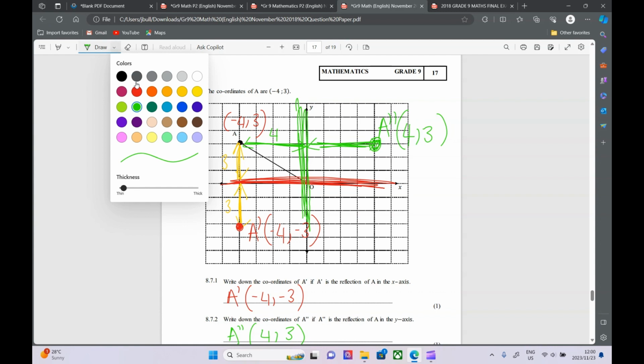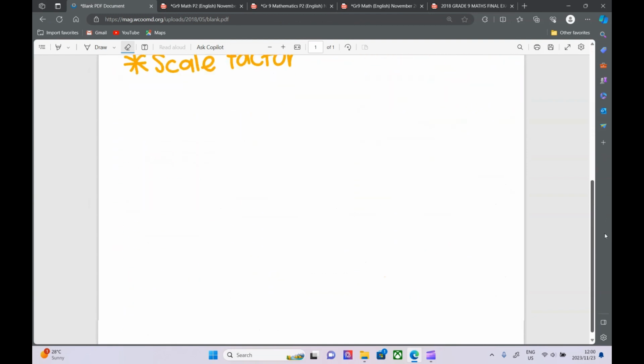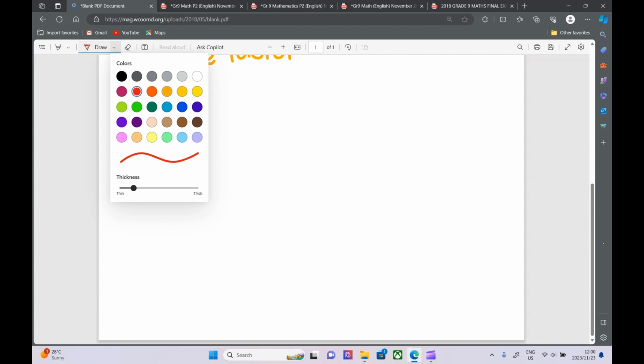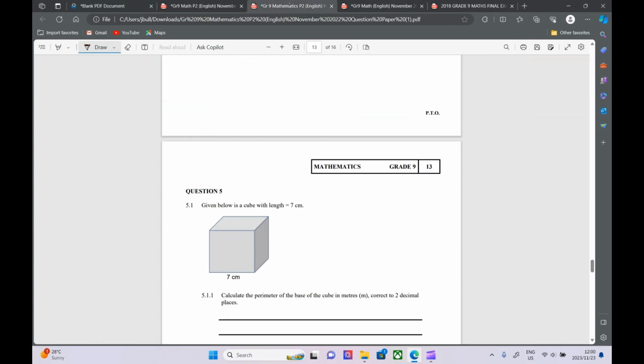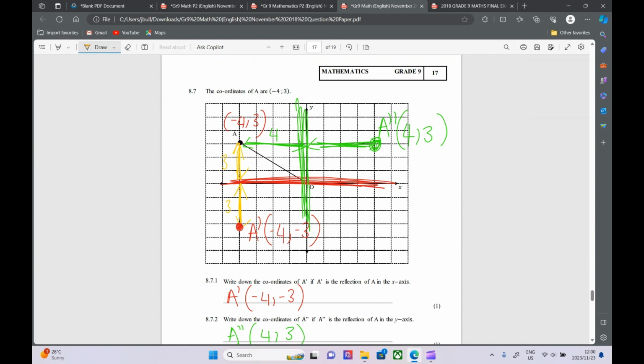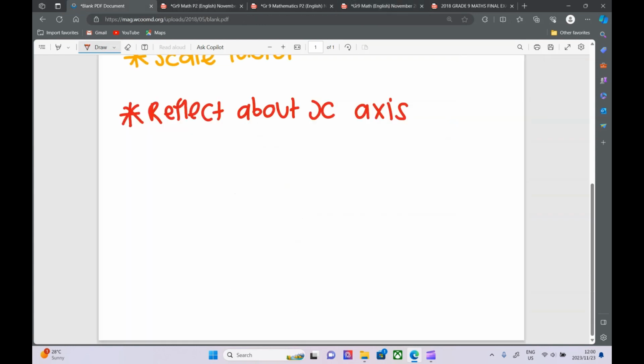Okay, this brings us to pretty important points. Let's just write this down somewhere. I'm going to write it down on this page actually. If you reflected about the x-axis, like we did in the first one, your x value stays the same, but your y value changes.